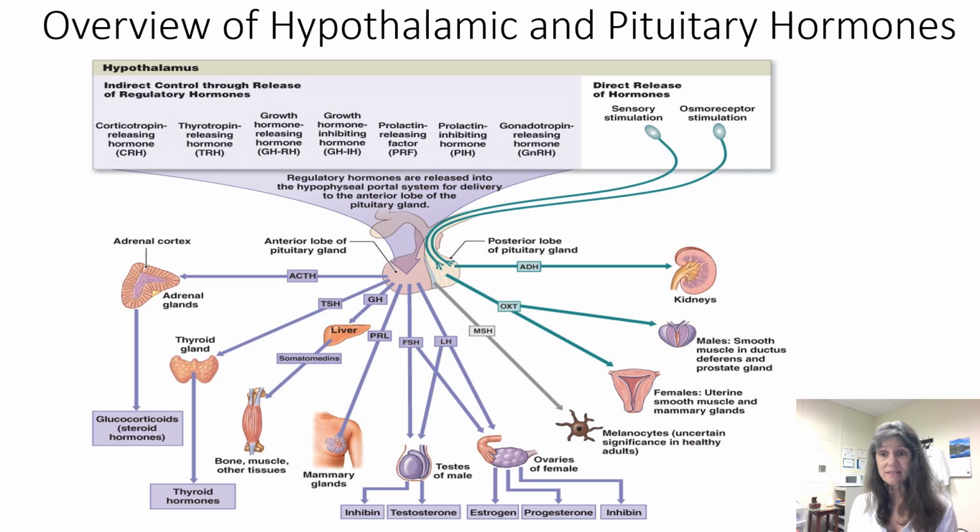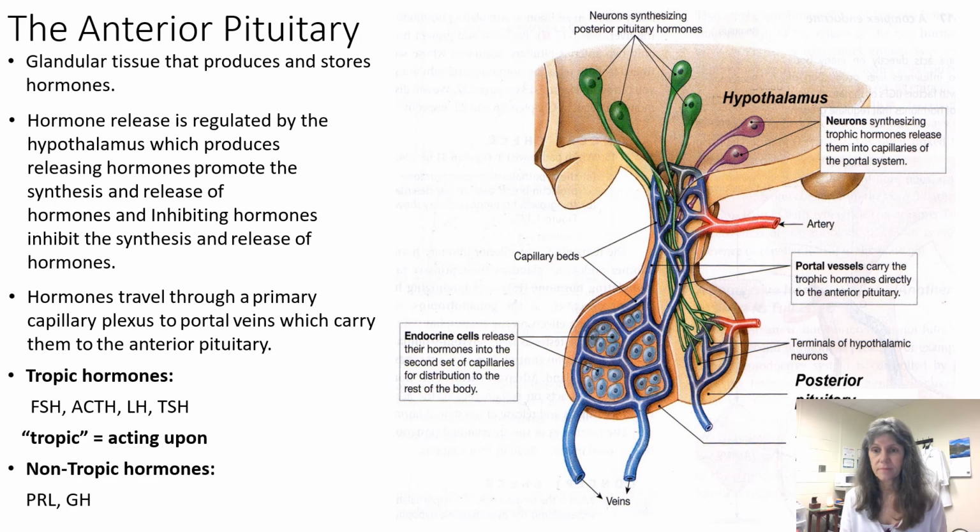Since the axons of the neurons in the hypothalamus that make those hormones don't go into the anterior pituitary directly, we're going to take a look at the actual mechanism that's used to accomplish that. We're going to orient ourselves with this picture first, and I just want you to pay attention to the neurons in green that have axons that go all the way down into the posterior pituitary.